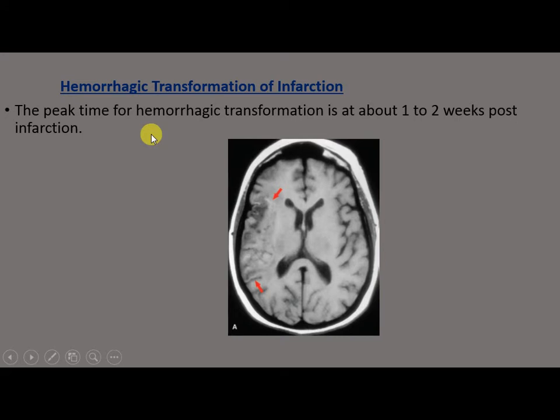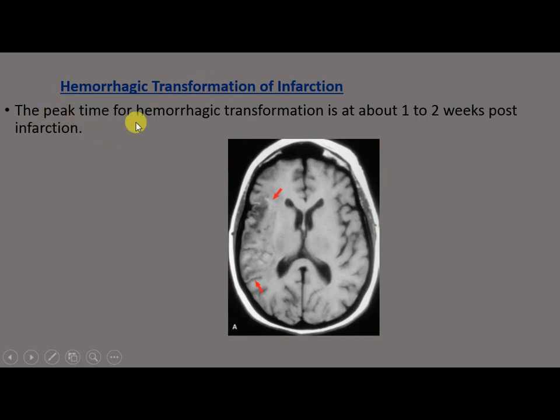Another event of infarction is hemorrhagic transformation. Sometimes after the blood vessels are occluded, when they are opened, the blood goes to the site of the damaged endothelial cells of the artery or the vessel supplying this area, causing hemorrhagic transformation of the infarction.